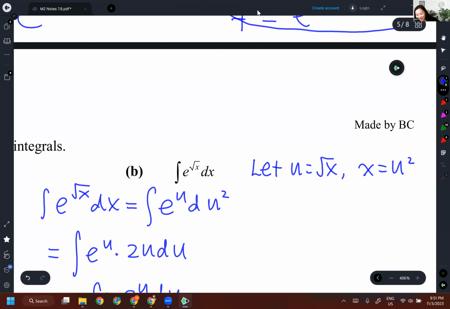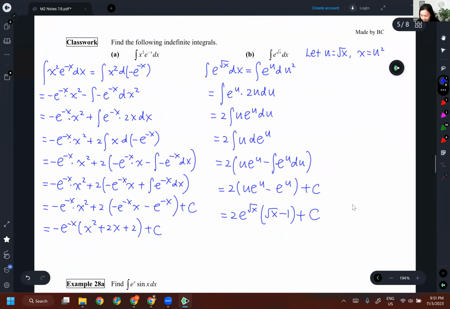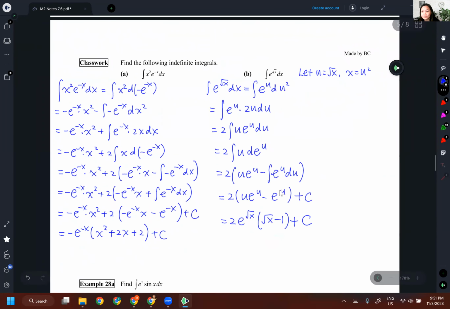Okay, more done. This is my answer. The first question you have to do twice, and this one is more difficult because there is a negative sign.